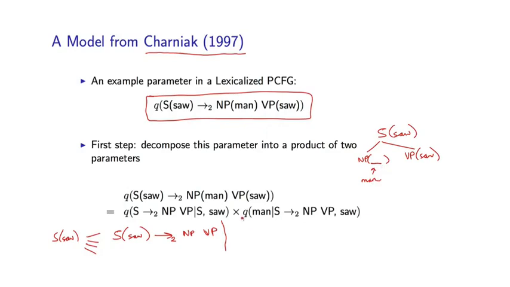And these kinds of parameters are crucial because they basically model, in this case, the probability for a particular word, man, to play a particular role, namely the subject of the verb saw. So we see a very direct model of these dependencies between lexical items, saw and man. And again, those dependencies can be very useful for disambiguation. So that's step one. The first step is to take this parameter and decompose it into this product of two different terms.